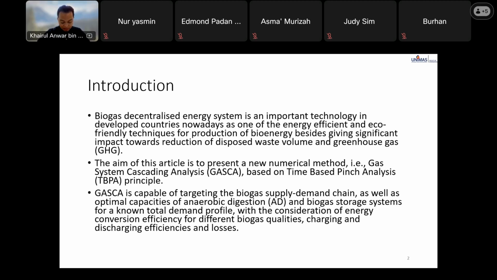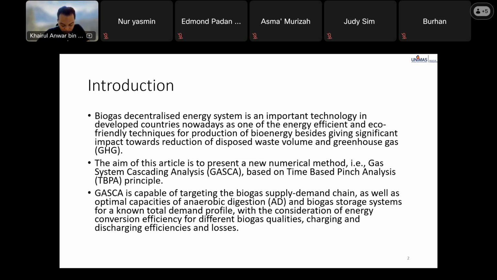In the illustrative case study, the optimal capacity of anaerobic digestion was 6 to 9, with initial energy content and maximum energy capacity of the gas storage of 737 and 16988.